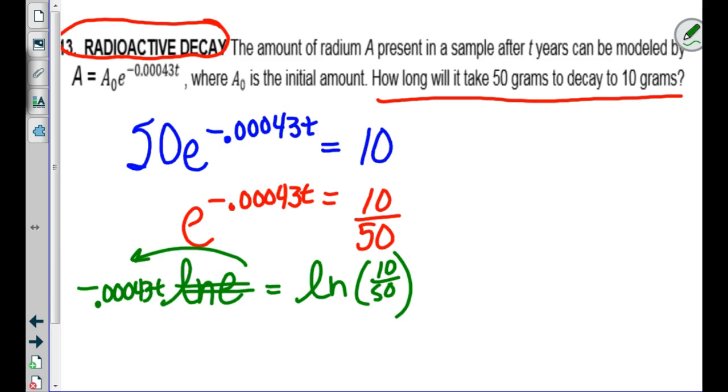So what do I have left to do to get the t all by itself? Divide by negative 0.00043.